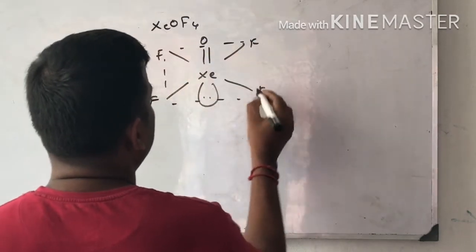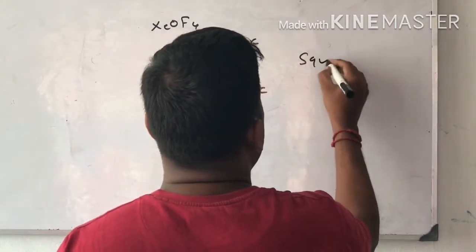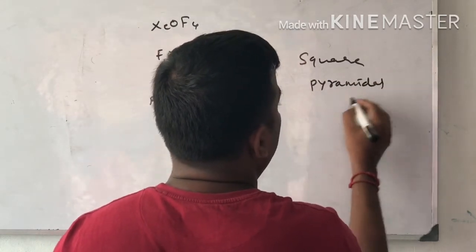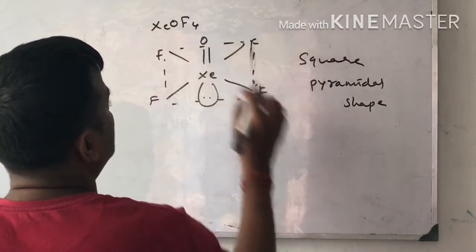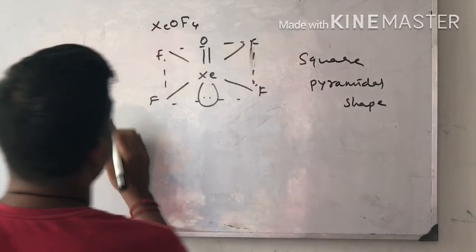This is the structure of XeOF4. It has a square pyramidal shape. It contains four fluorine atoms and one oxygen atom.